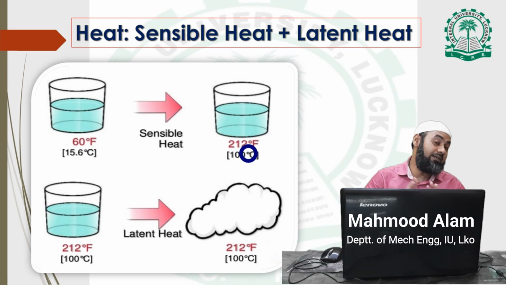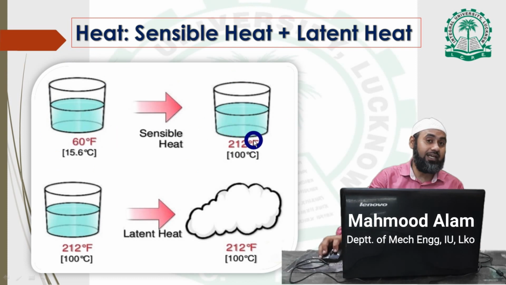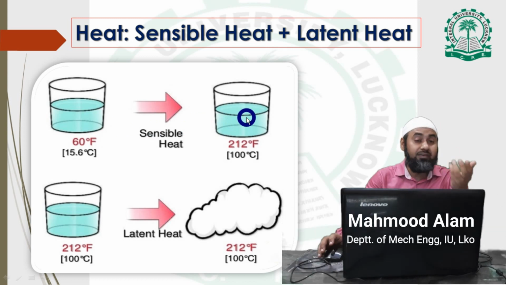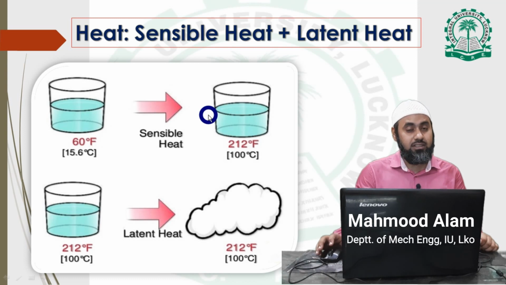The heat can be sensed; the temperature change can be sensed, as can be seen in the diagram, from 60 to 212 degrees Fahrenheit. Heating or cooling, both are sensible.